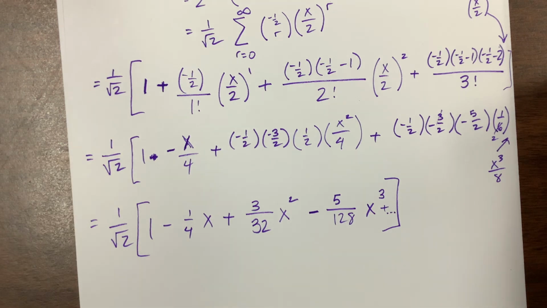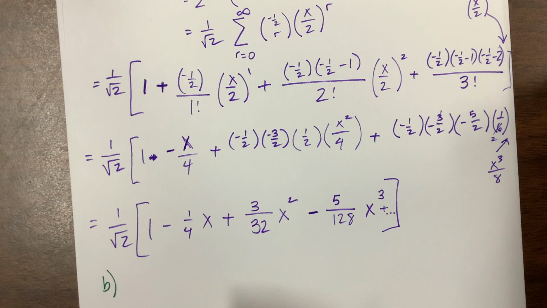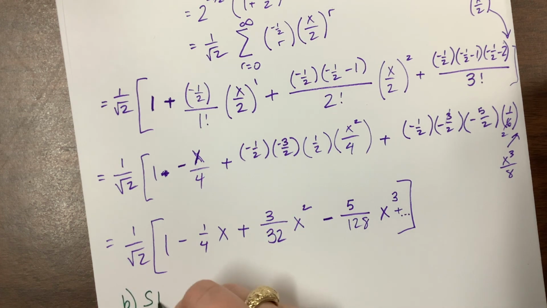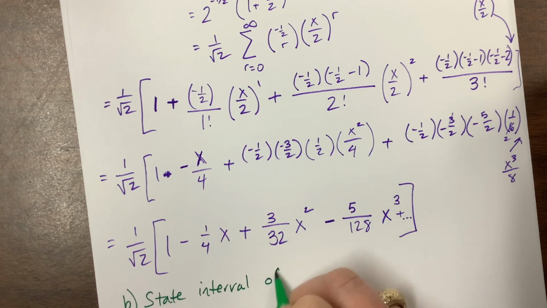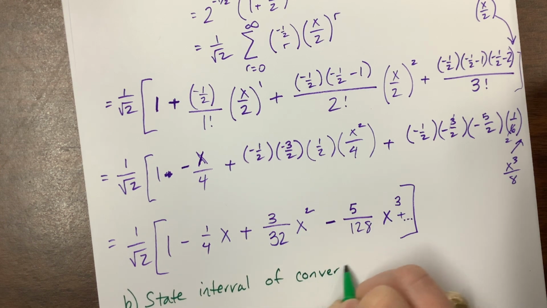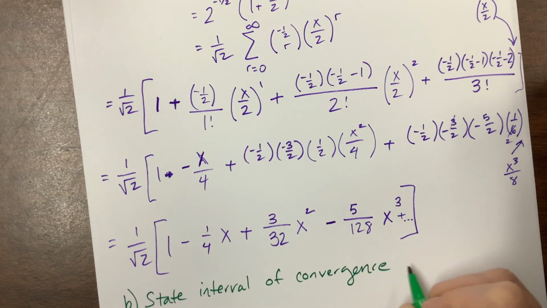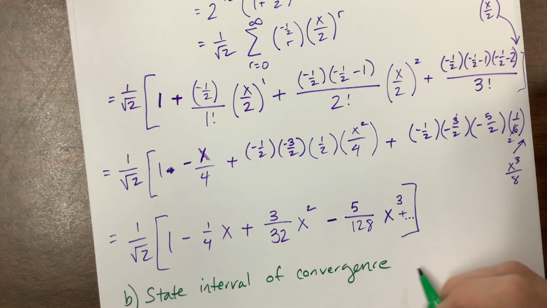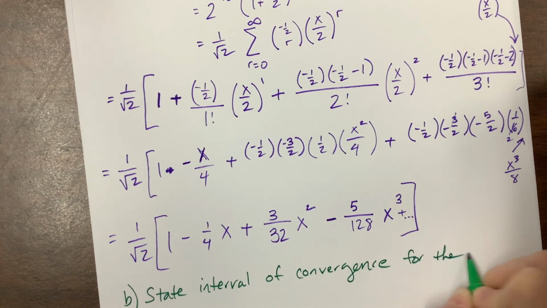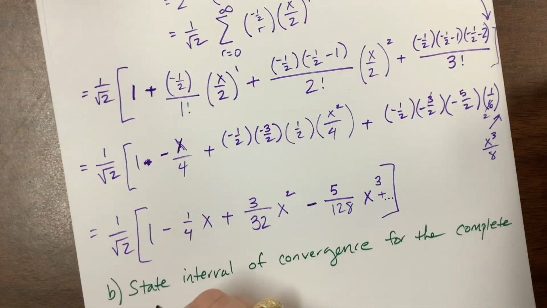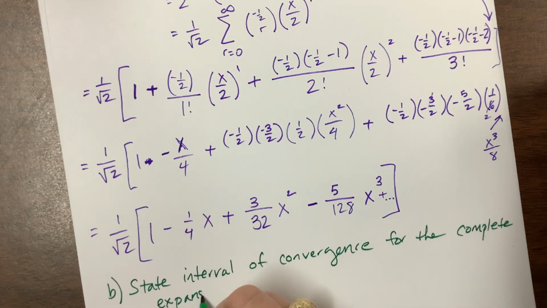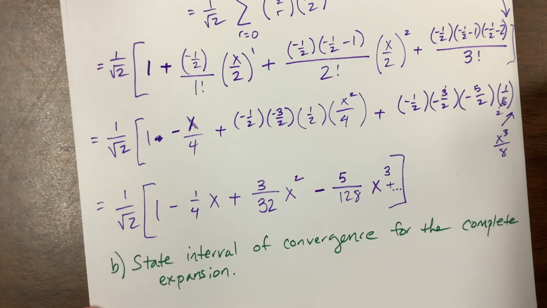The next thing that they asked, in part B, they said state the interval of convergence for the complete expansion. Those are their directions.